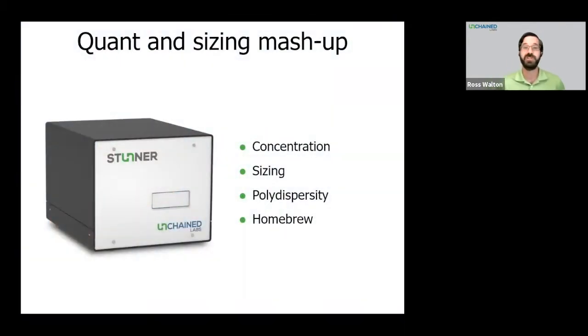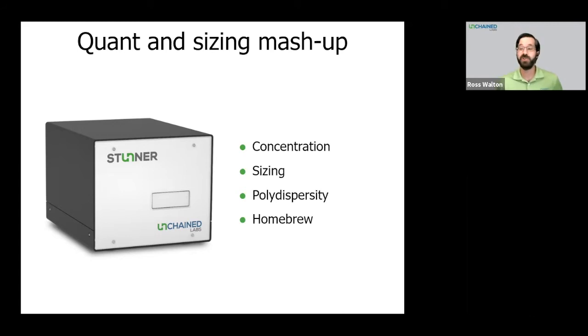The Stunner is the first and only instrument that has both full spectrum UV-vis absorbance detection and dynamic light scattering, or DLS, all in a single box. The combination of these two detection methods provides a really in-depth analysis of biologic samples. So you can determine concentration of a protein or an antibody, the size and the polydispersity of the sample, and polydispersity and size tells you whether or not that protein sample has aggregates.